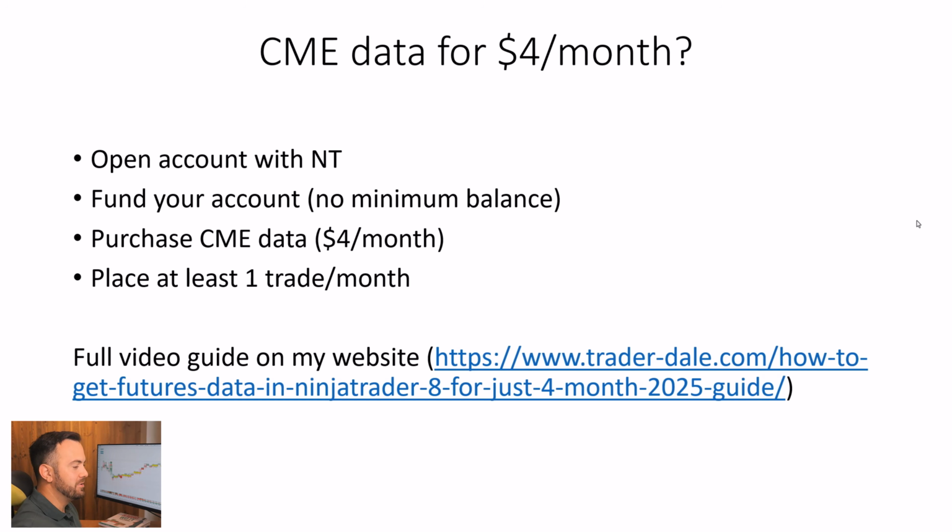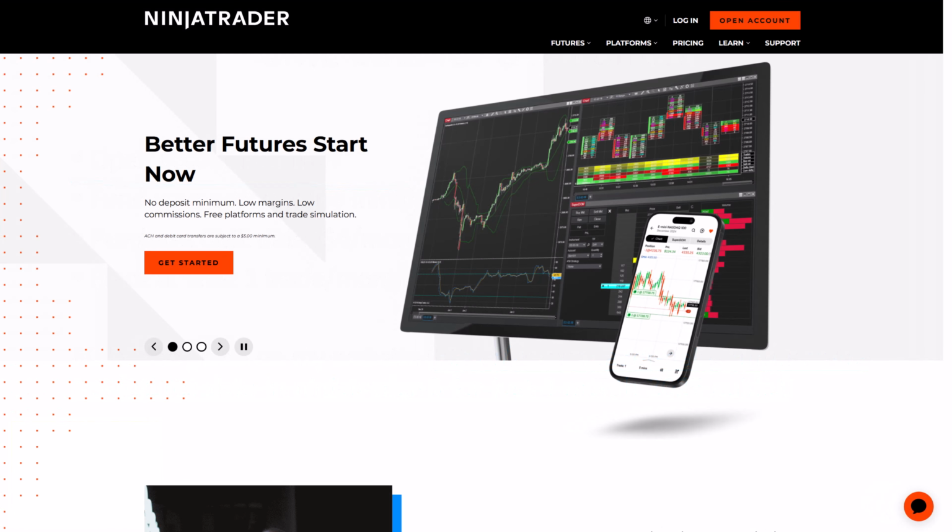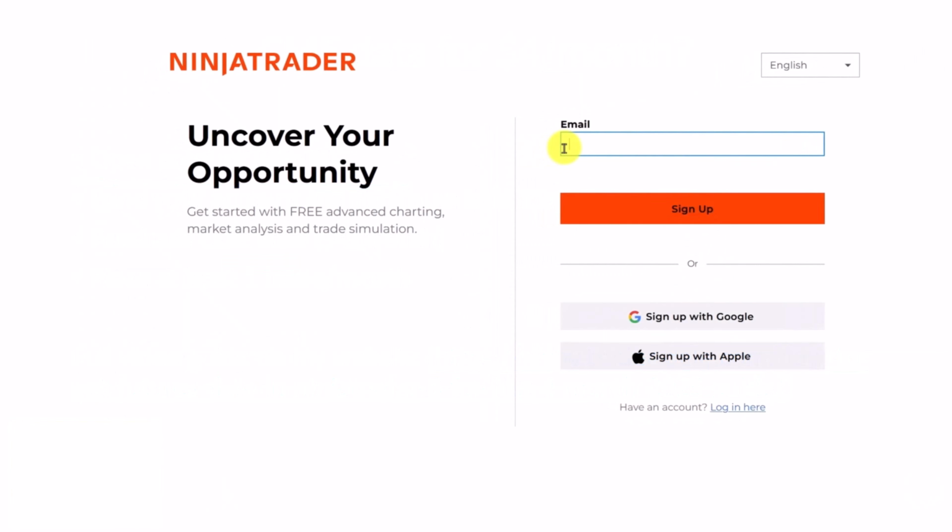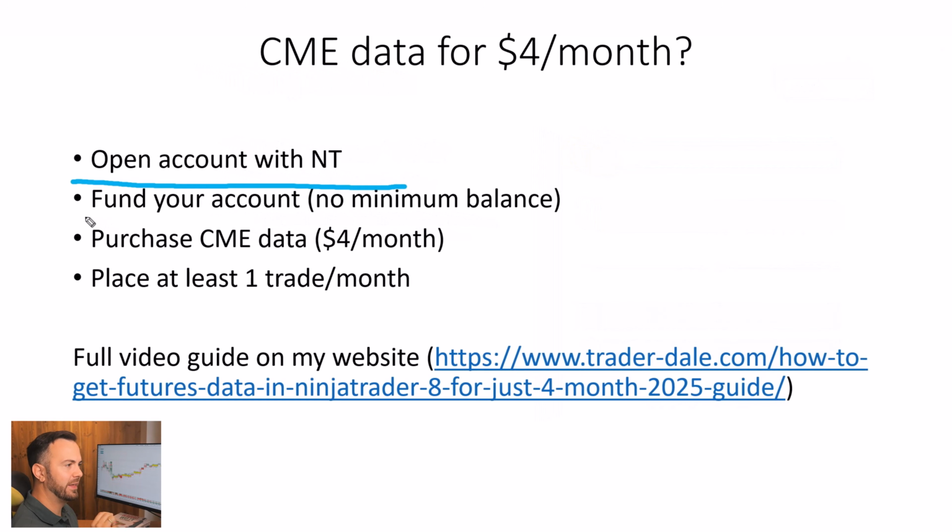Now, what I'd like to show you is a little trick how you can get all the CME data for just $4 per month. So the first step is you open an account with NinjaTrader. There are a couple of things that you need to fill out. The second thing is that you need to fund your account. There's no minimum balance, so you can deposit, for example, $100.